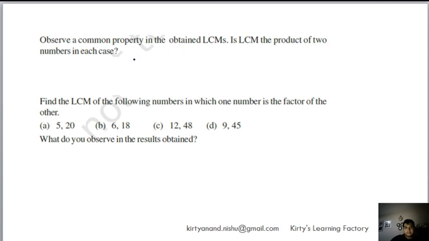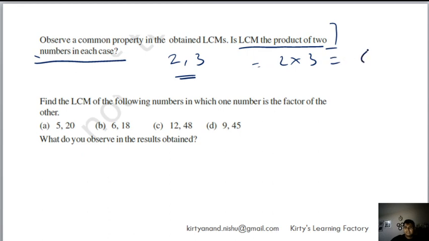Observe a common property in the obtained LCMs. Is LCM the product of two numbers in each case? All right. Okay. So let me tell you where I am coming. See, basically it happens in case of co-prime numbers. And what are co-prime? Let's say 2 and 3. What will be the LCM? Because they are co-prime, LCM will be 2 into 3, 6. 17 and 15.